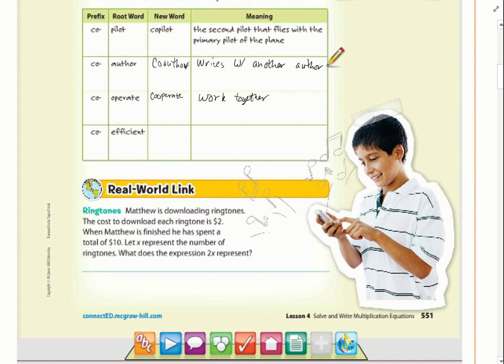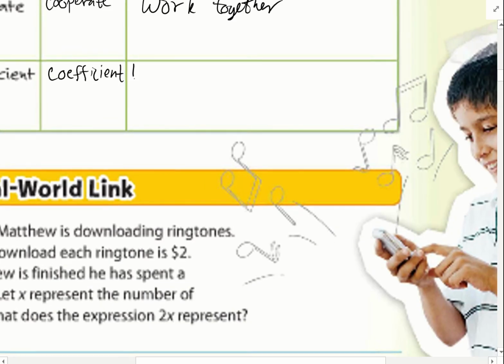Then we have coefficient. And that is when a number, a factor, contains a variable.